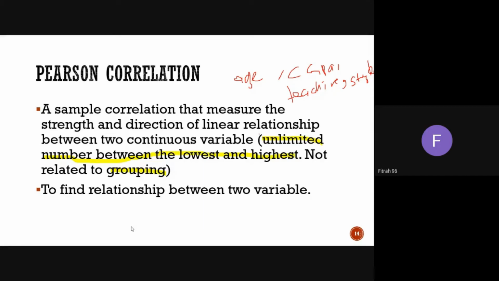We want to look at the direction where this love goes and the strength of the love between these two people. Dalam case ini, variable. We want to know where the relationship goes and what is the strength of the variables, and then we want to find the relationship between the two variables. So itu tujuan Pearson Correlation.